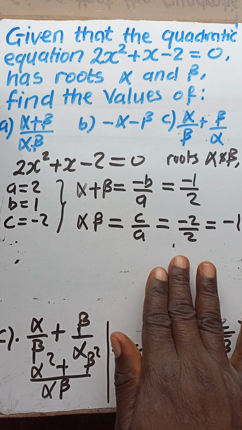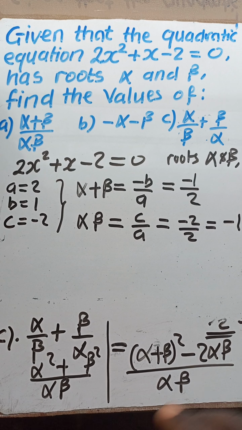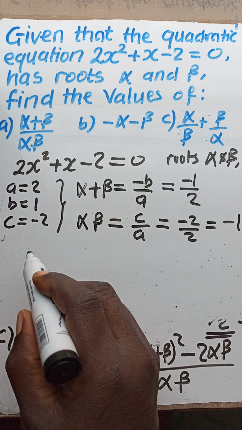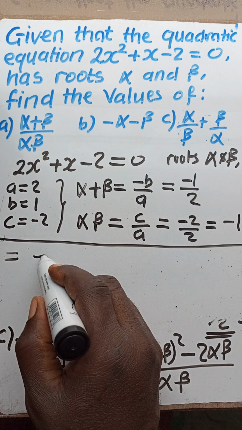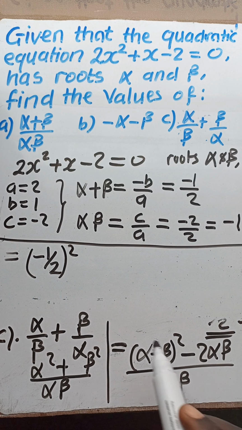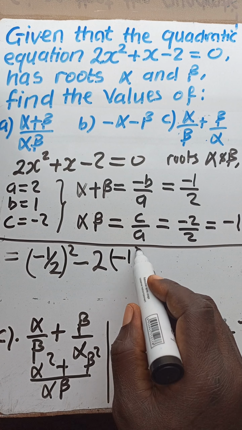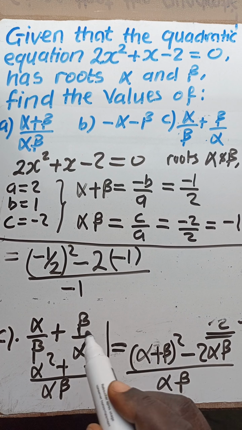Okay, we take off this A and B that we earlier evaluated. We're leaving the sum and the product values up there. So in the place of alpha plus beta, we're going to put -1/2. So we say (-1/2)² - 2 times -1 all over alpha beta, which is -1.